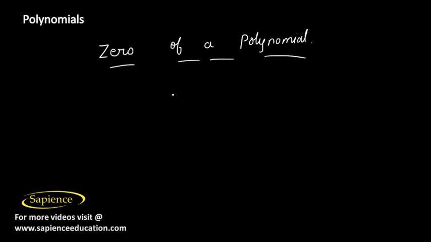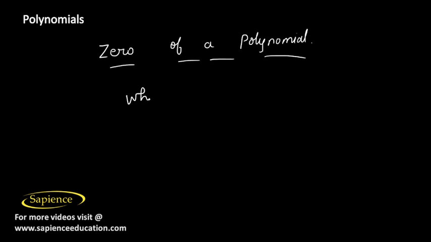Now we can look at another concept which is called zero of a polynomial. We know when we substitute any value for x, whatever the polynomial's value is, it is called the value of the polynomial.